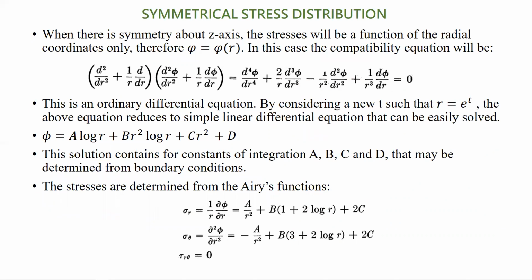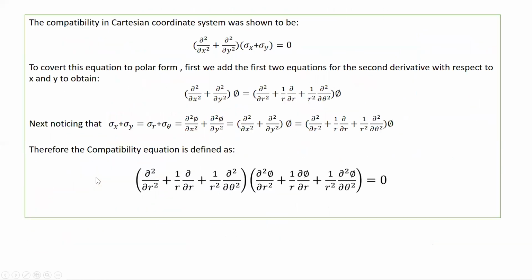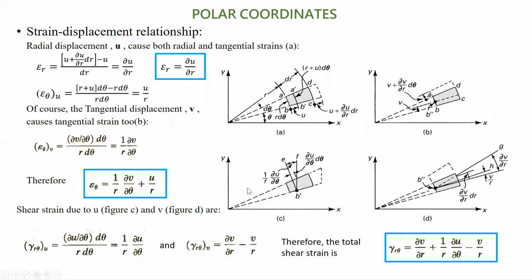That would be an example of full symmetry about the axis of symmetry, which is the z-axis. It presents a two-dimensional problem and is fully symmetric. As such, this Airy function would not be a function of theta, so the derivative terms with theta would cancel out, and we end up with a simpler equation.